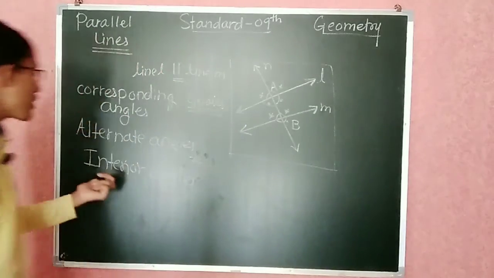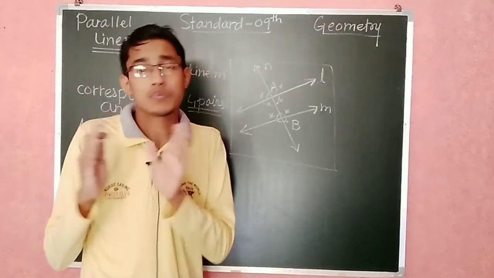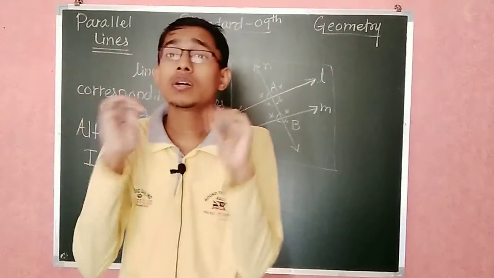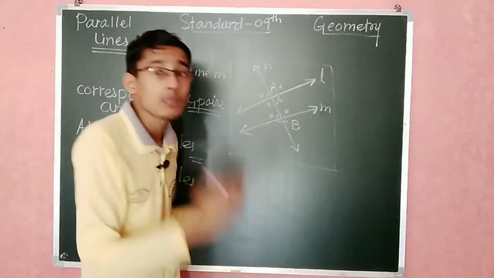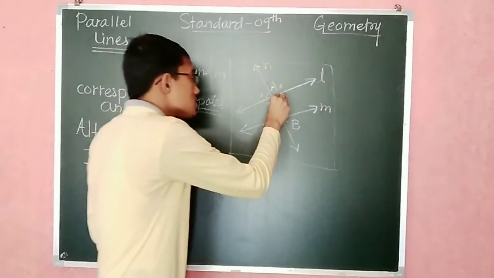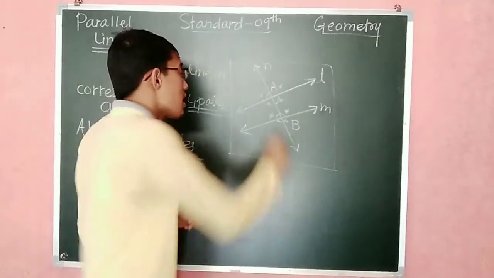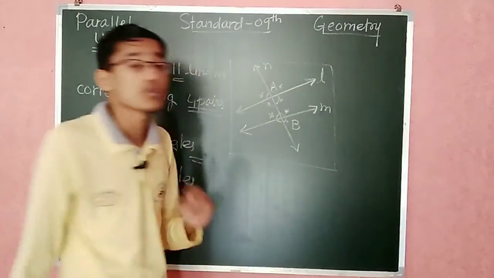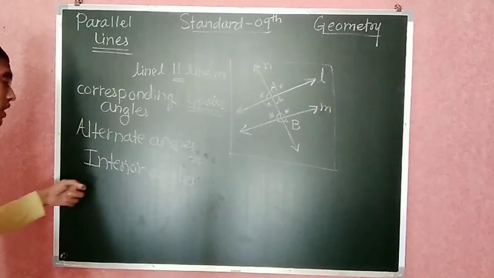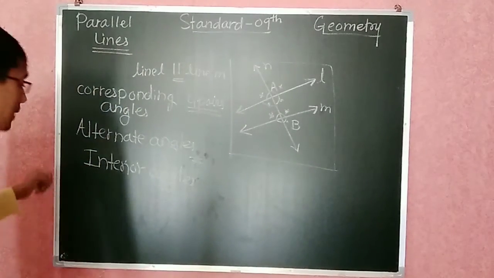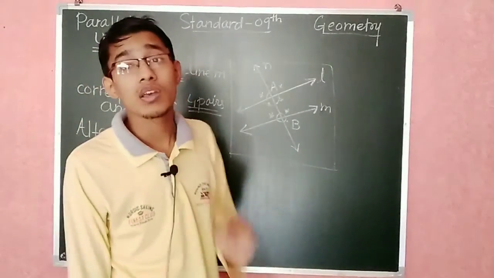And what are interior angles? These are the angles created on the same side of the transversal and between the parallel lines. These angles are pairs of interior angles, and this is also a pair of interior angles. A property related to interior angles is that the sum of the interior angles is 180 degrees.